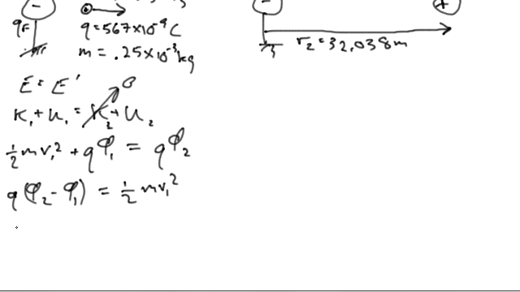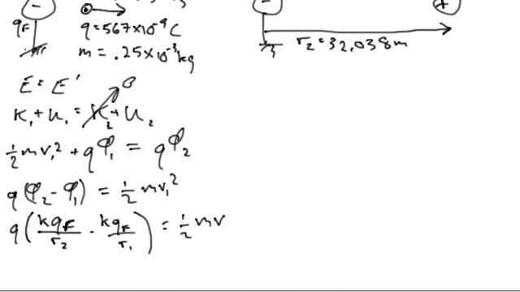This is Q times K, Q fixed, the negatively charged particle, so that's a negative amount, divided by R2, then minus K Q fixed over R1, equal to 1/2 m v1 squared.